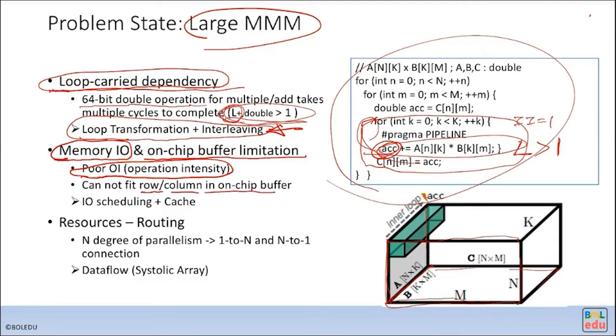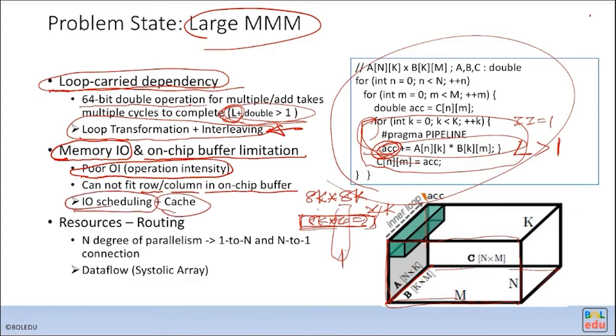For example, if you have an 8K by 8K array, one row of data is 8K by 4 bytes, so you need at least 32K, and then you need to fit another column buffer. So you cannot fit even one row or column into the on-chip buffers. So in this case, you have to apply not just a cache, you need a very smart I/O scheduling. That's the technique.